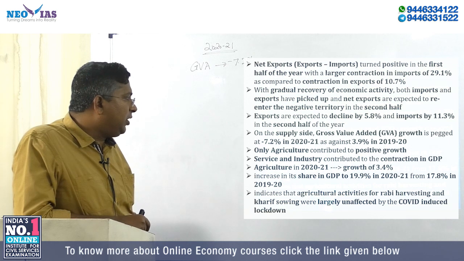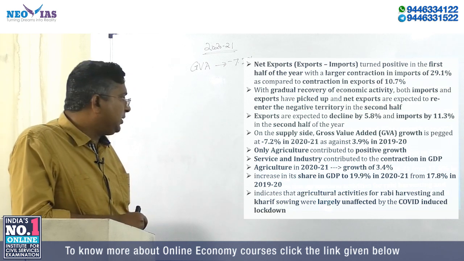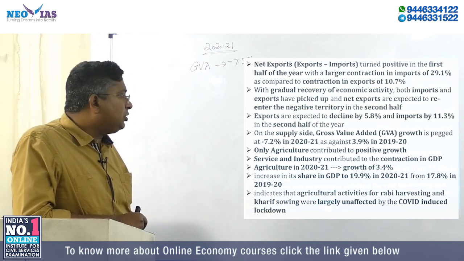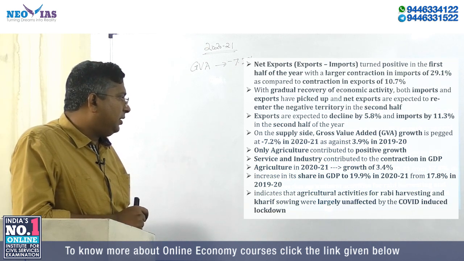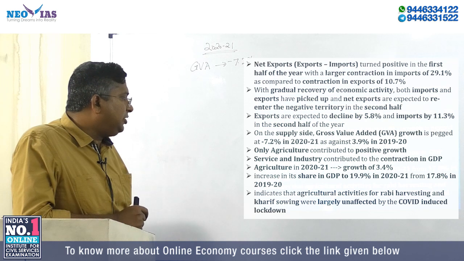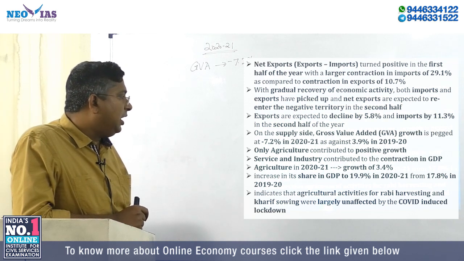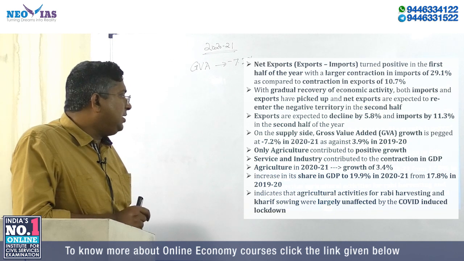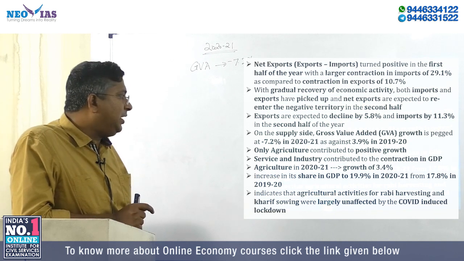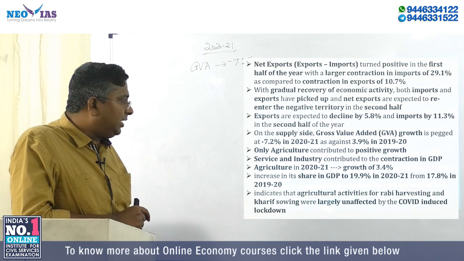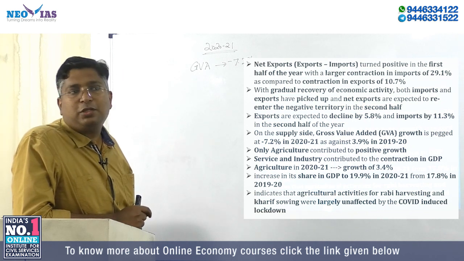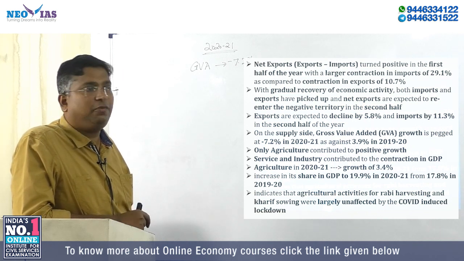Agriculture grew by 3.4% in 2021, and because of that growth, the agricultural share in GDP increased to 19.9% in 2021 from 17.8% in 1920.